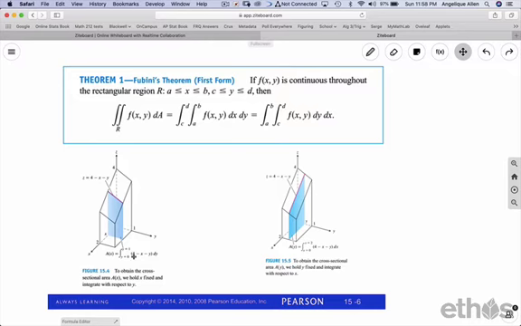Here's our function, f of xy. And since we're moving in a direction parallel as y goes from 0 to 1, the bottom limit is 0, the top limit is 1, this is our differential in the y direction. That's going to give you the area of this blue piece right here. And then we're going to need to find the volume generated as this piece moves from x equals 0 to x equals 2, and that would be the outside integral. So that's one way to define it.